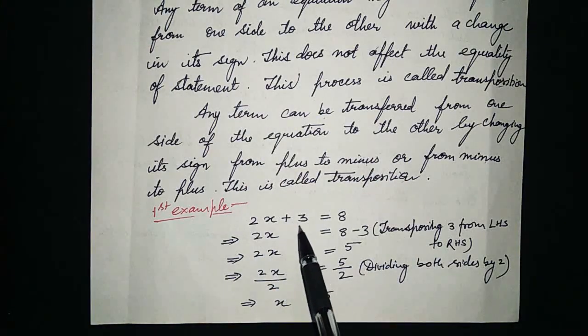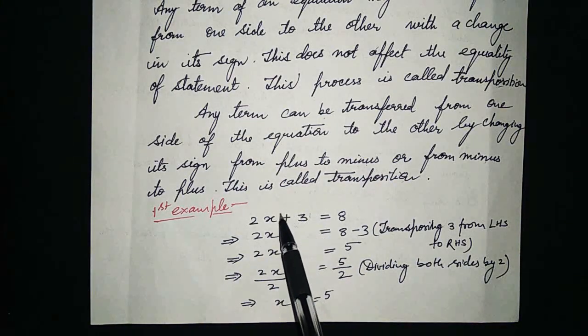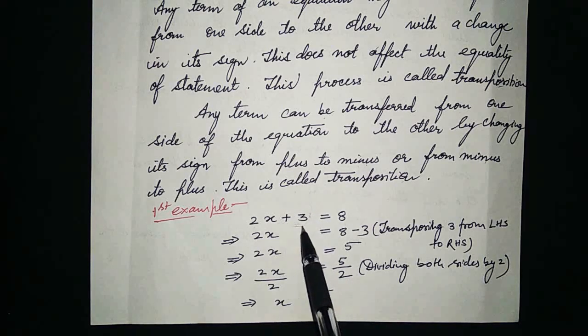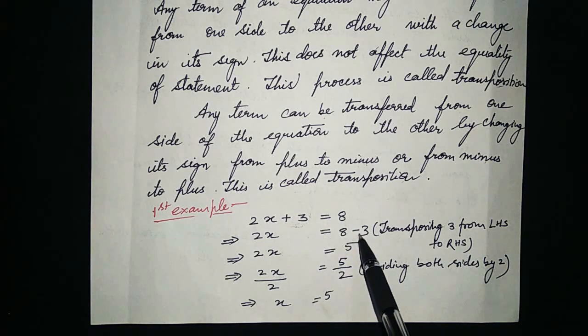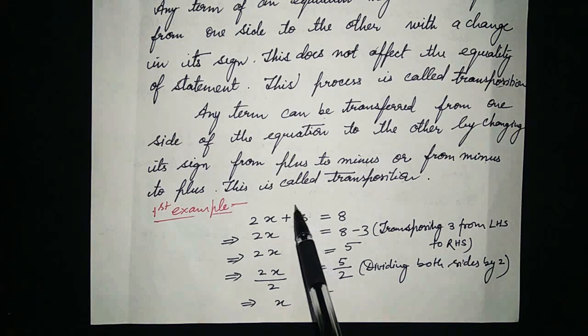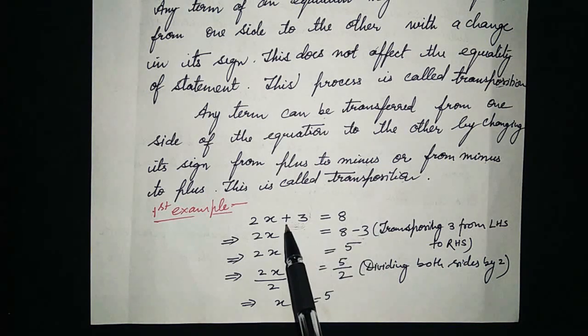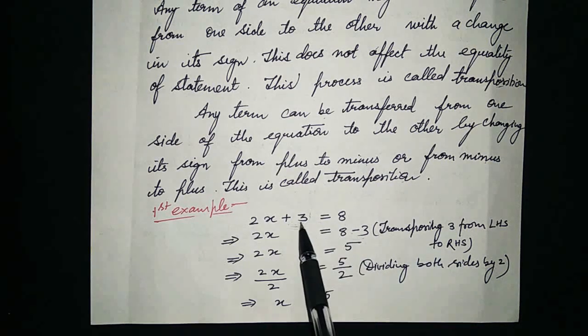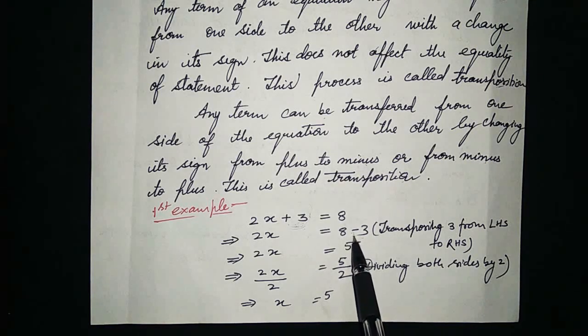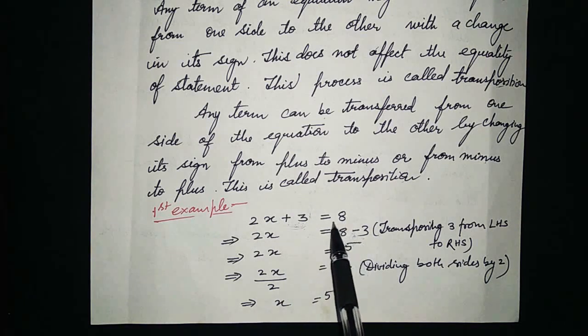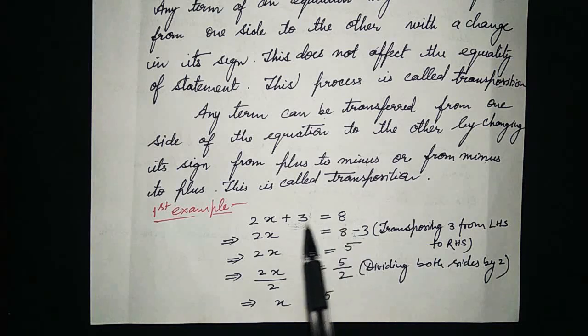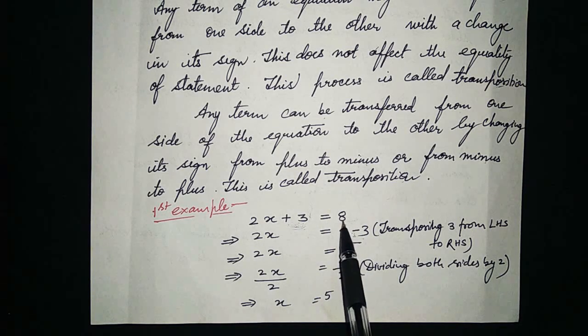So here you see plus 3 we transpose from left hand side to right hand side. So plus 3 will become minus 3. Means here you can see the sign will change. But this does not affect the equality of the statement. Any effect is not coming in the equation.